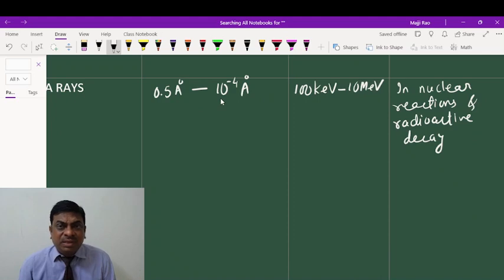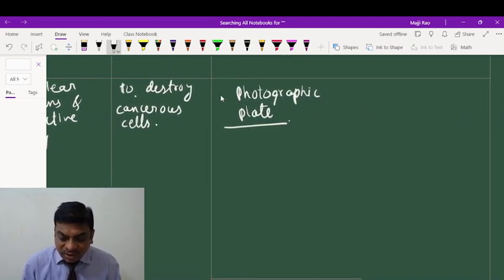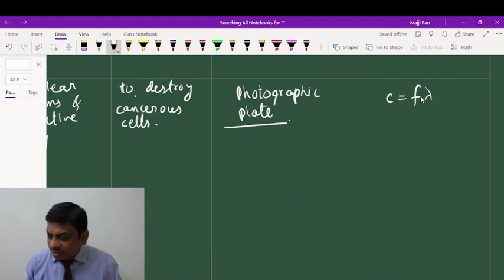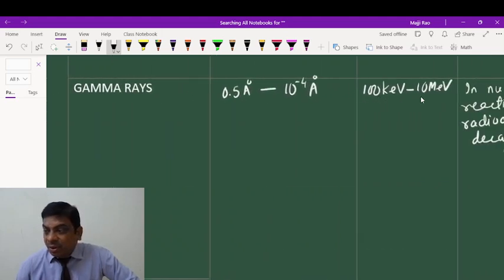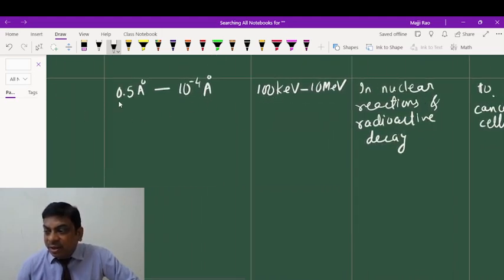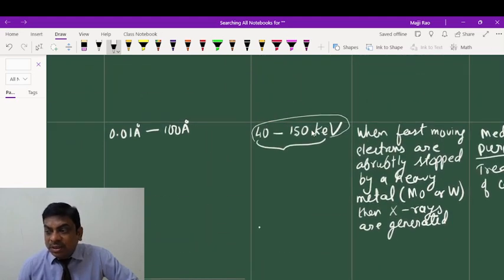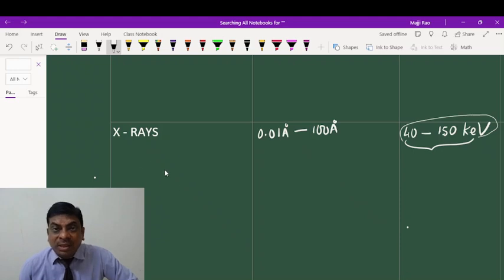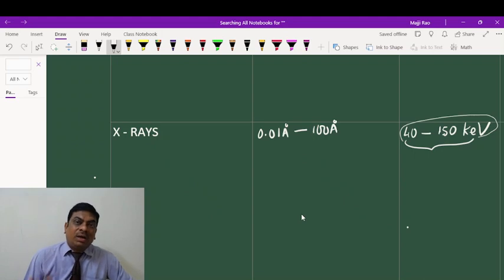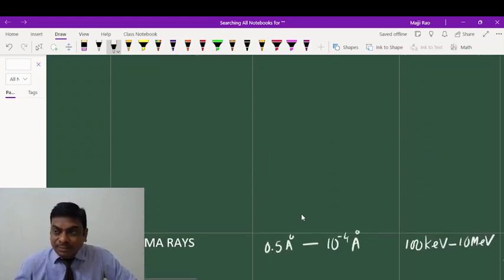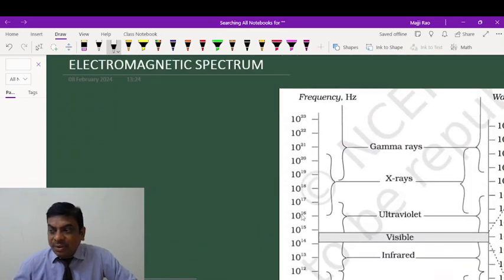Of course, wavelength and frequency are interrelated, we all know this, isn't it, students? So if you can find frequency, you can find wavelength. Or else they might give you a hint to calculate the energy. So based on energy or wavelength or frequency, you should be able to exactly tell the nature of the electromagnetic wave, whether it falls under the category of X-rays or ultraviolet rays, etc. So this is how we have to handle it.